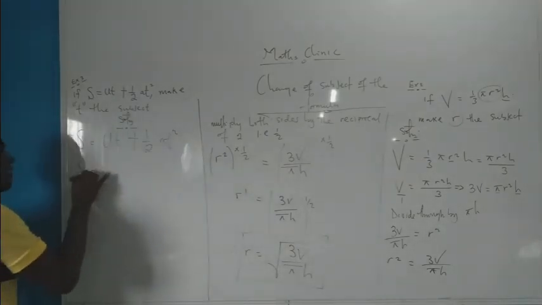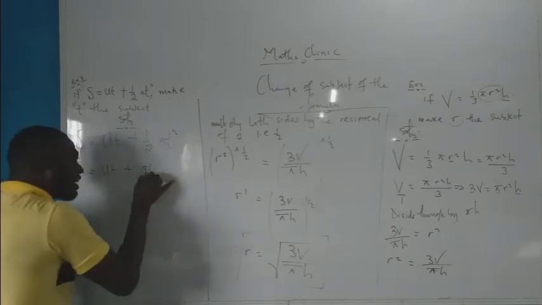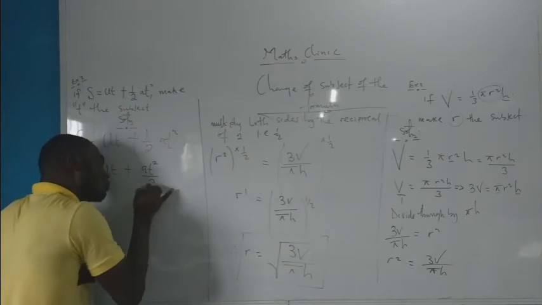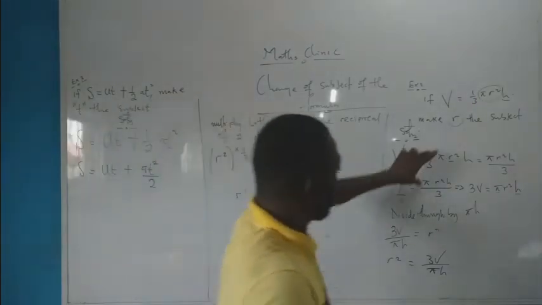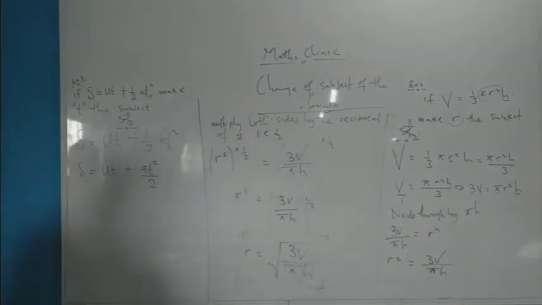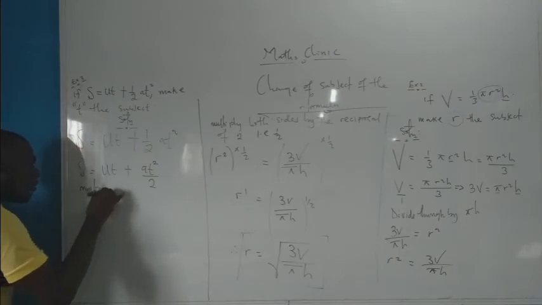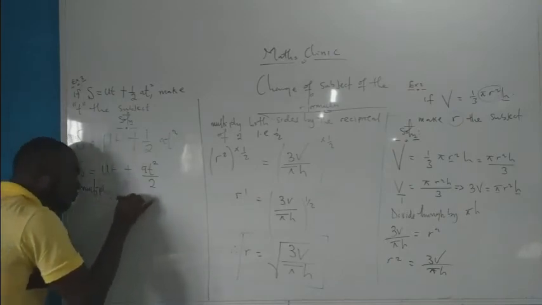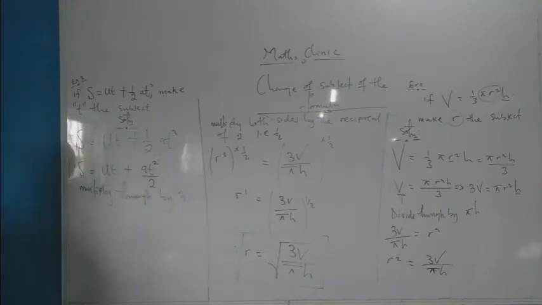This will be s equals ut plus, the same thing as at squared upon 2. Now multiply through by 2.